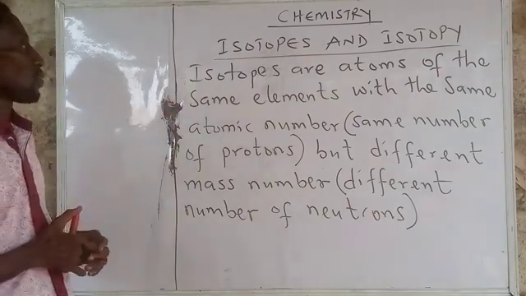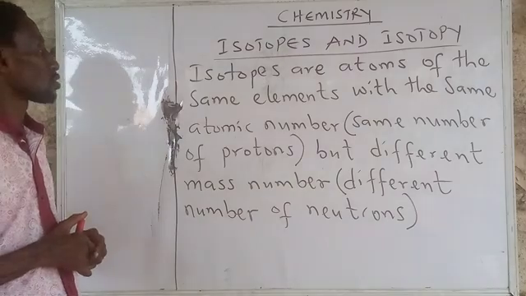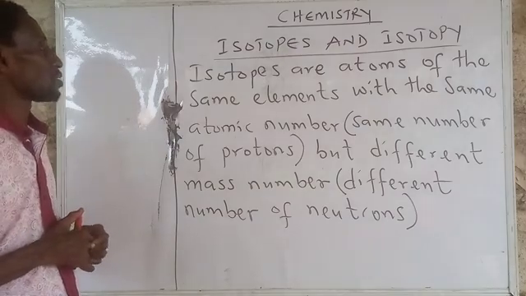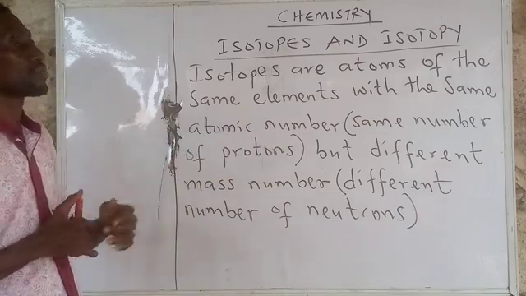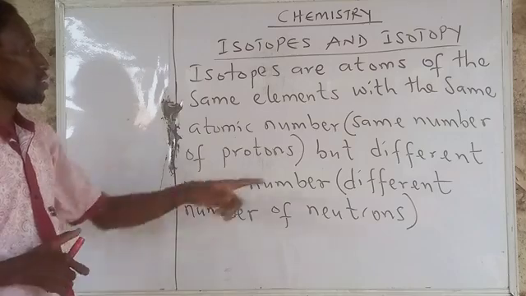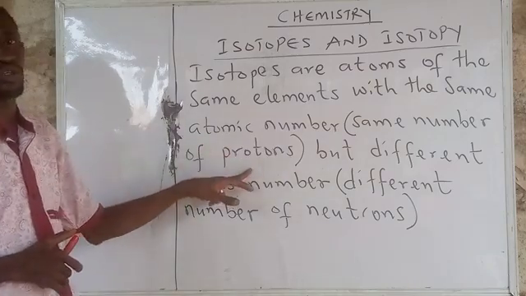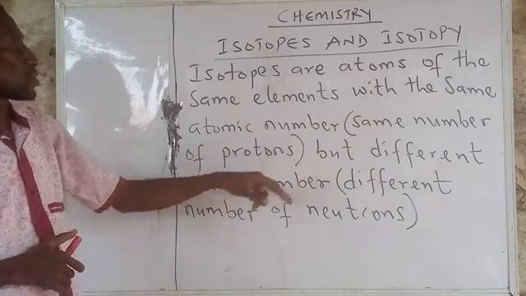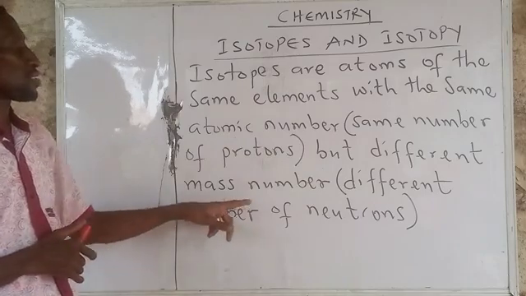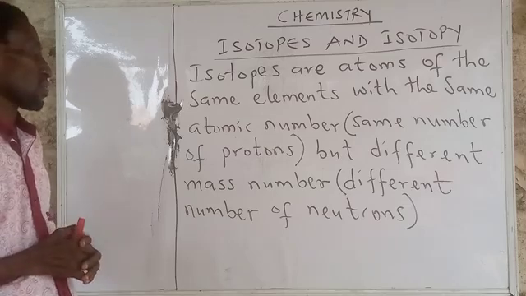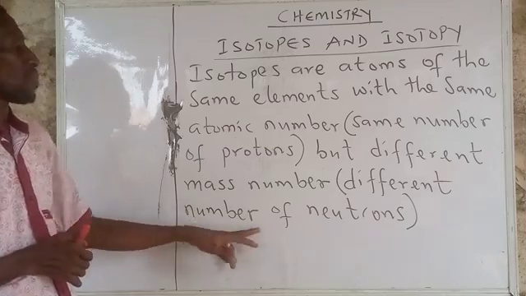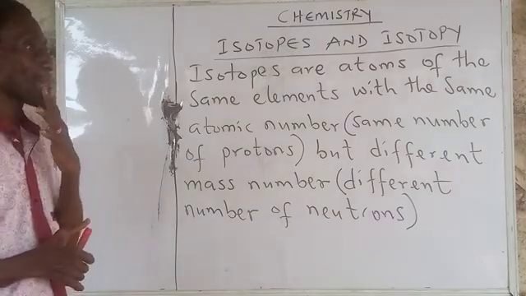As you have it on the board, isotopes are atoms of the same element with the same atomic number, that is, the same number of protons, but different mass number, that is, different number of neutrons.